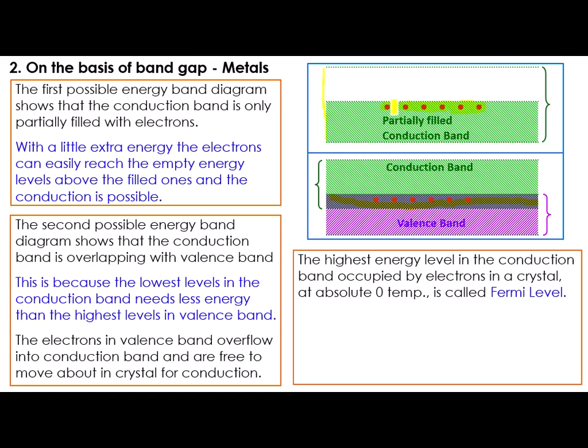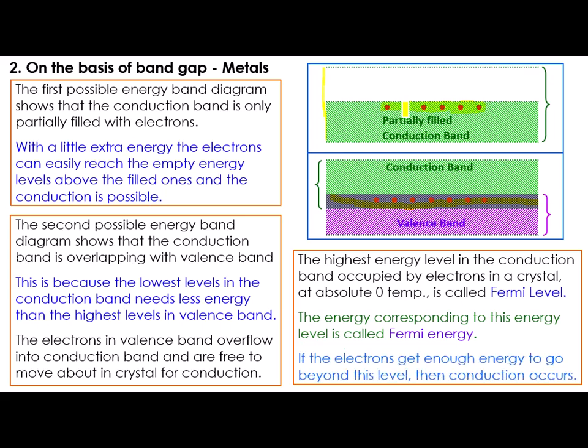And to have conduction, to conduct electricity, the electrons have to go out of this Fermi energy level. That means if you supply some energy, then these electrons will gain some energy and they will get excited out of this Fermi energy level and start conduction.